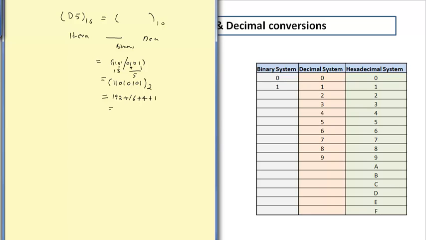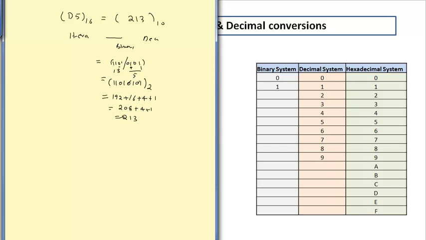So I've just not considered the bits that are turned off. So 192 plus 16 is 208, plus 4 plus 1, 213, and I guess that was our number earlier. So this is 213 in decimal.